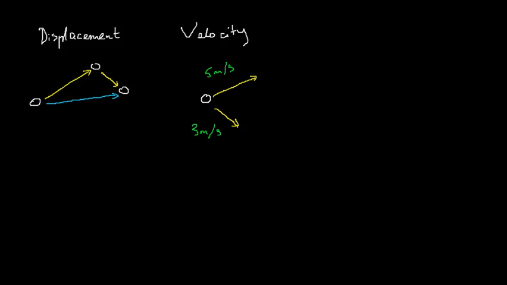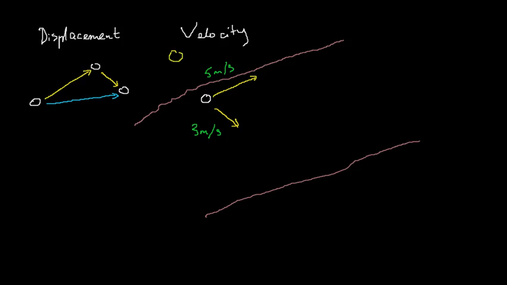Now, let me add something to this. Suppose that we are by the river. So that's one side of a river, and that's another side of a river. And there is a boy standing there, and this boy dropped the ball on, or he threw the ball into the stream.